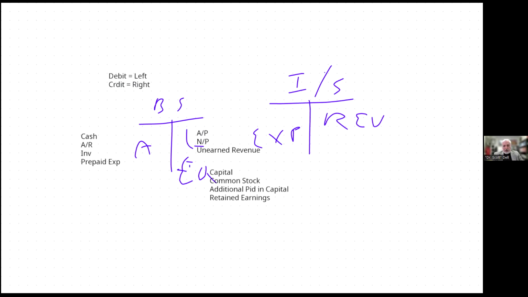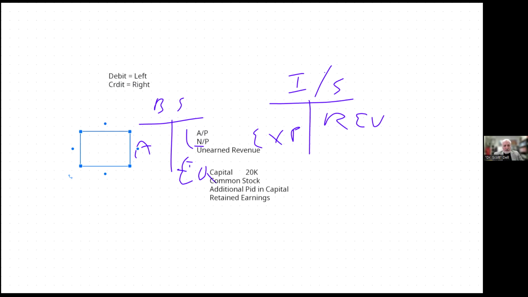We'll put $20,000 in capital, and just put 20K under cash. Now that is a form of a real entry of one side and the other. My balance sheet's in balance. I've got 20,000 in assets, 20,000 in equity, and 0 in liabilities.